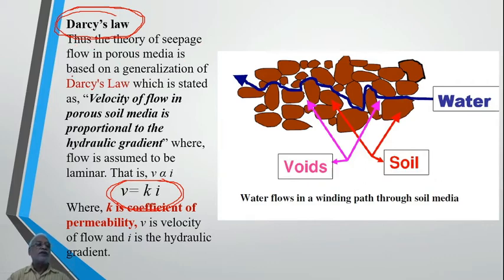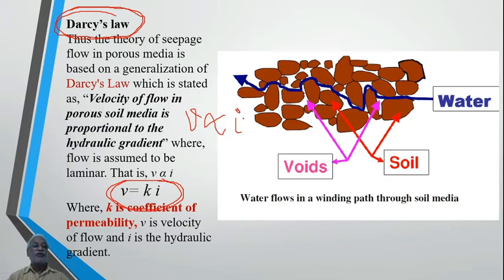in porous media is based on generalization of Darcy's law, which is stated as follows. What is Darcy's law? The velocity of flow in porous soil media is proportional to the hydraulic gradient. If you put this in an equation, V is proportional to the hydraulic gradient, represented as i.